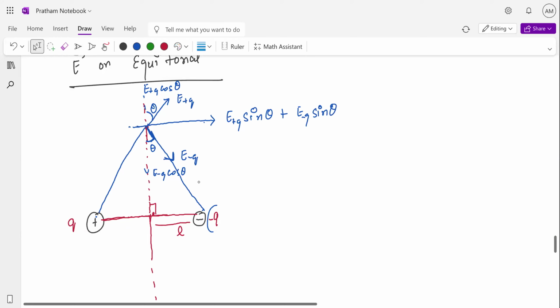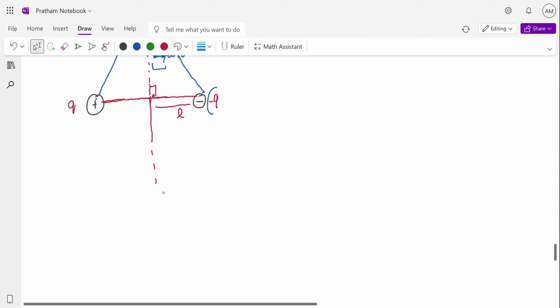The charge is the same, the distance is the same. This distance and this distance are also the same. Everything is the same, just the direction will be different. So can I say the magnitude part is the same? If this magnitude is the same, this cos is the same, so can I say this component will get cancelled? So what will I be left with? I'll be left with this and this. The magnitude is the same, so can I say it is net equals to 2 E Q sine theta? So what is my net electric field?